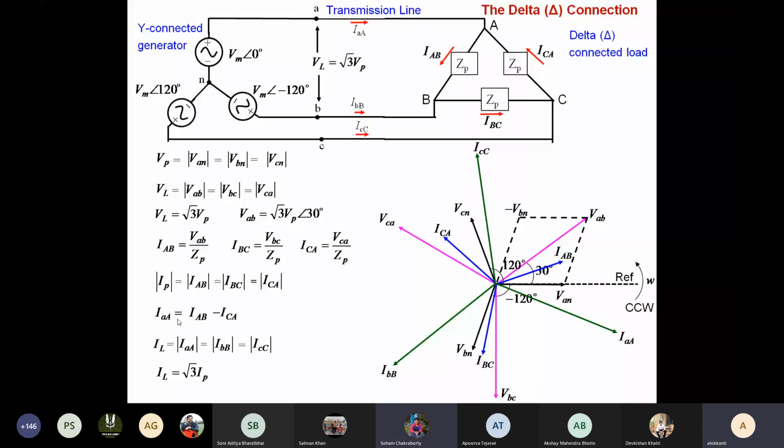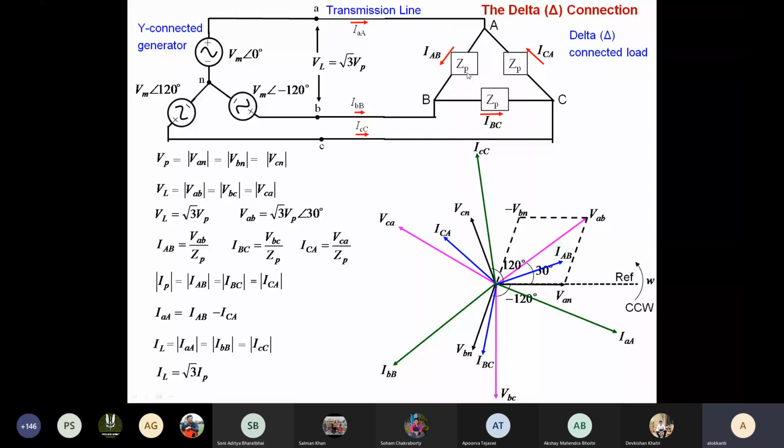Okay, sir, got it. In the books you will find a lot of such numericals, and you should practice all of those. But this has to be clear: for a delta connected load, the line current is root 3 times the phase current, and in the phases the whole line voltage gets applied.